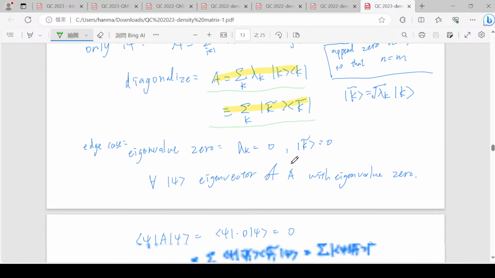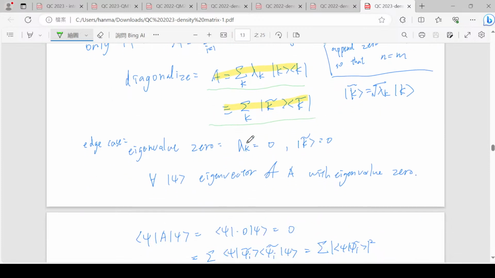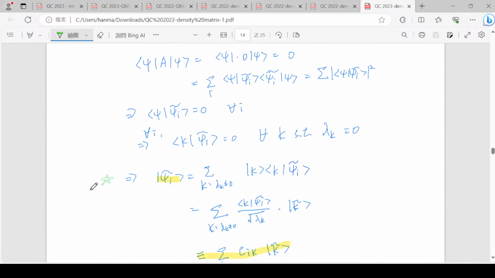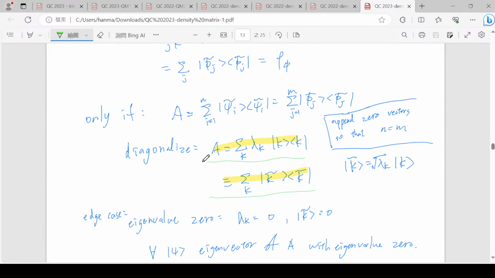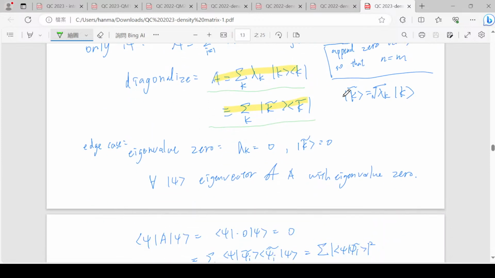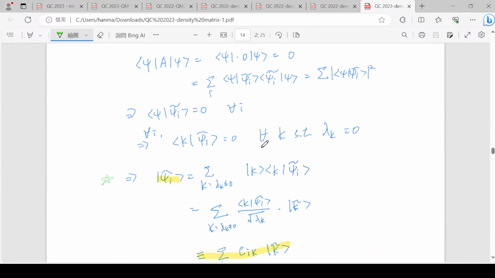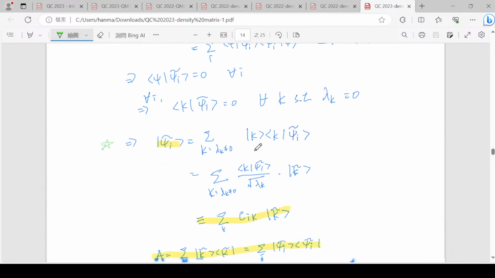Then we need to deal with the other edge case of lambda being 0. Let's skip that. So A equals this thing, and now we try to express everything in terms of those k tilde. It's annoying because lambda_k might be 0, but it can be dealt with.